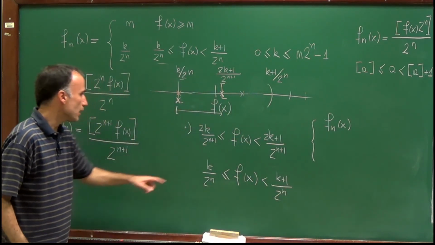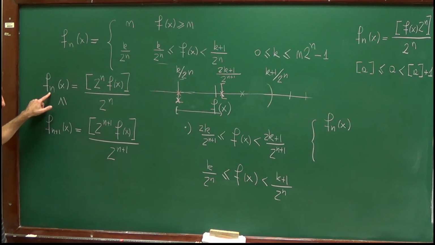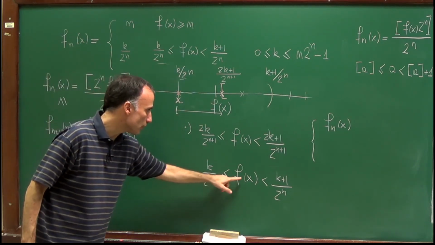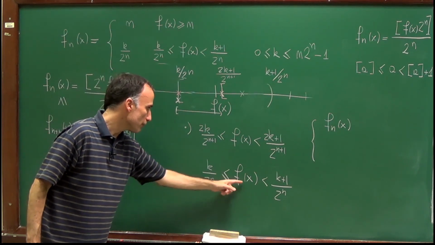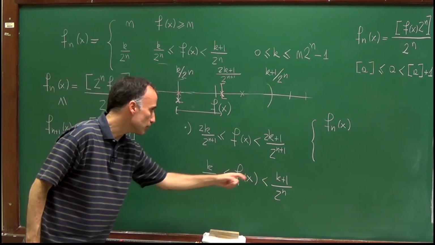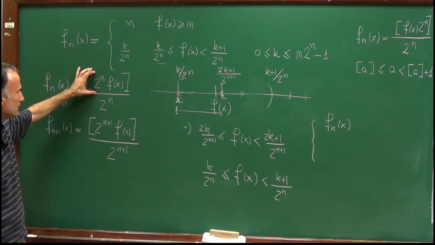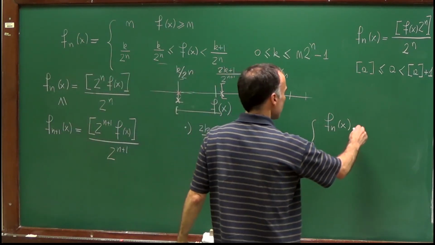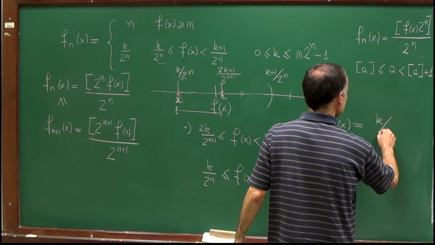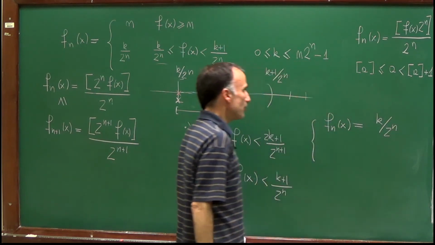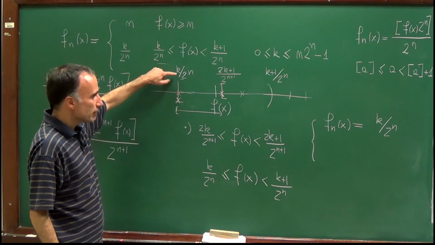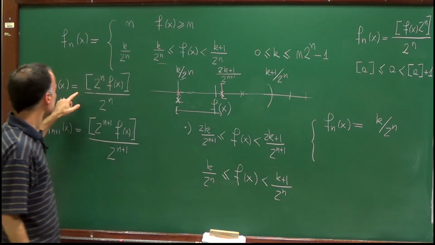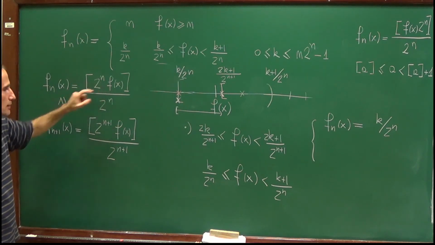And I wrote this inequality just to observe that if now I multiply f of x by 2 to the power n, 2 to the power n times f of x is between k and k plus 1, which means that this integer value is k, so fn of x is indeed equal to k divided by 2 to the power n, as I already observed, because k here, as I said, is the integer value of 2 to the power n times f of x.